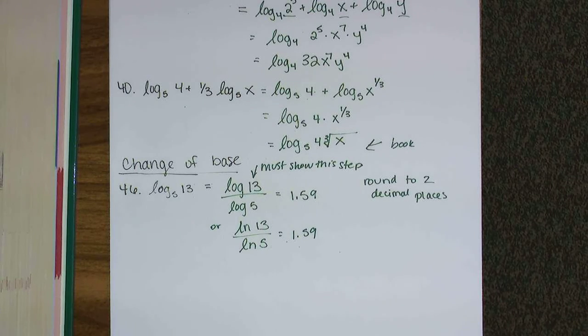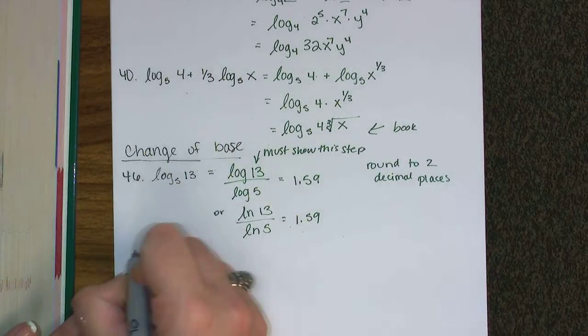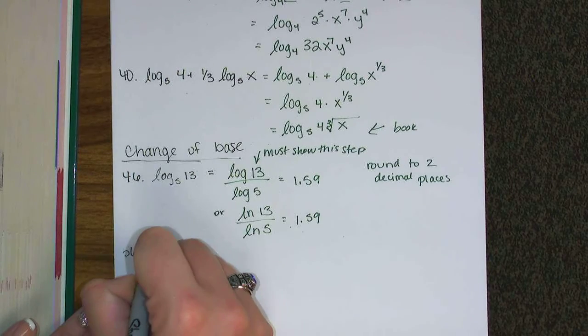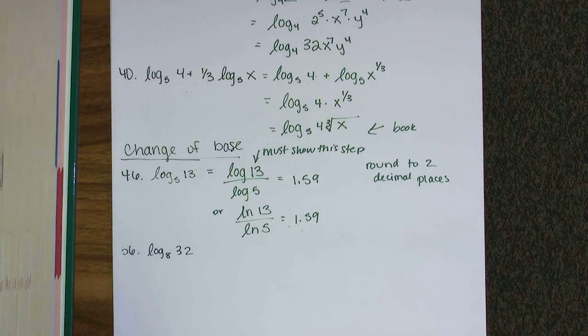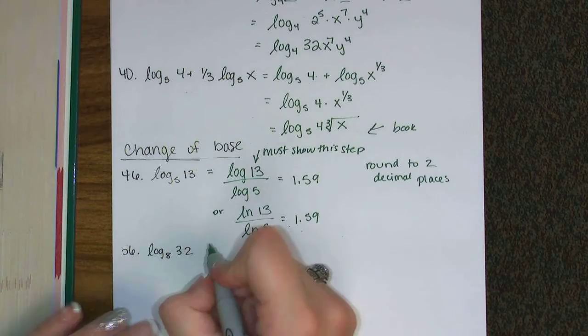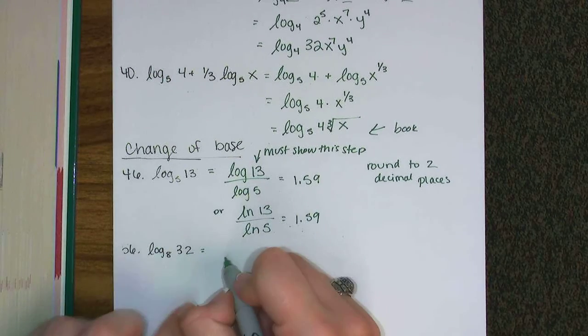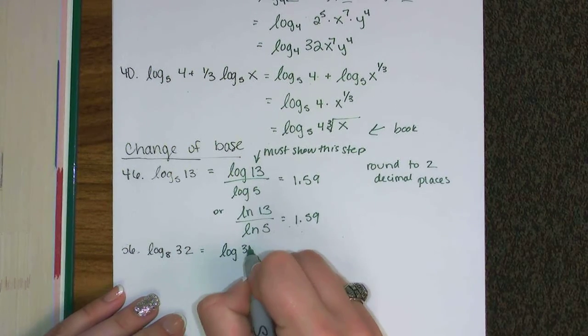We'll do 56 and then we'll be done. We're not going to do anything like 57 through 60. So 56 is log base 8 of 32. So I'm using the change of base formula, excuse me, meaning top over bottom. So log of 32 over the log of 8.